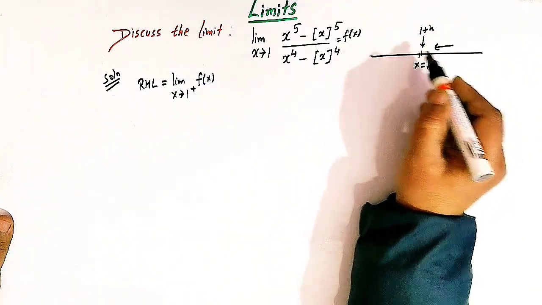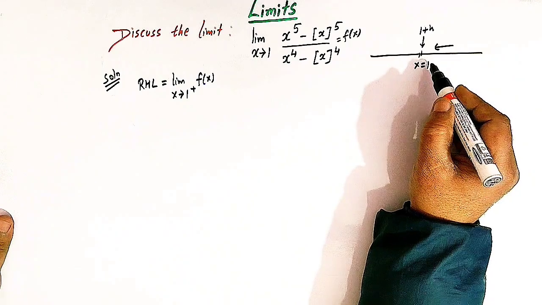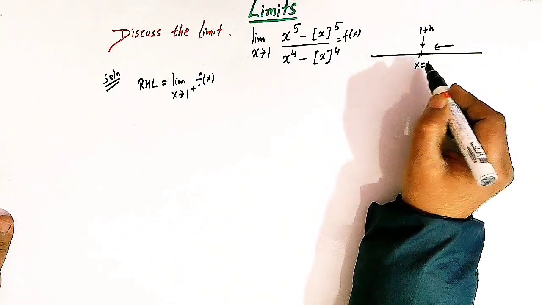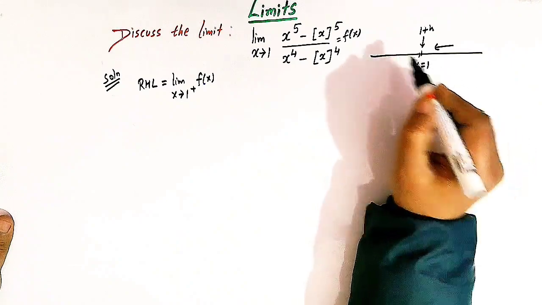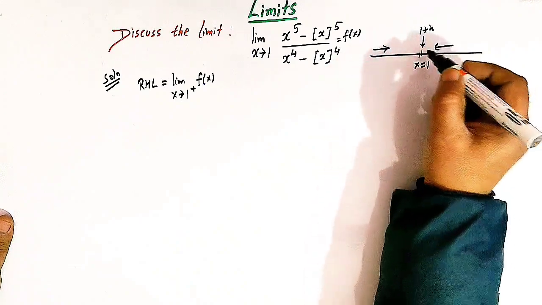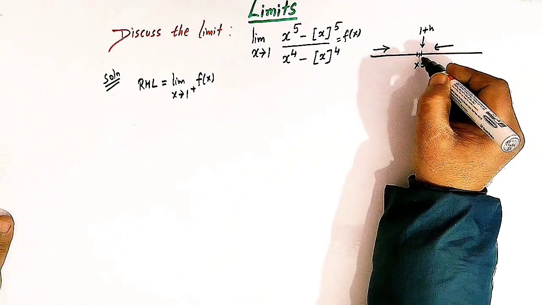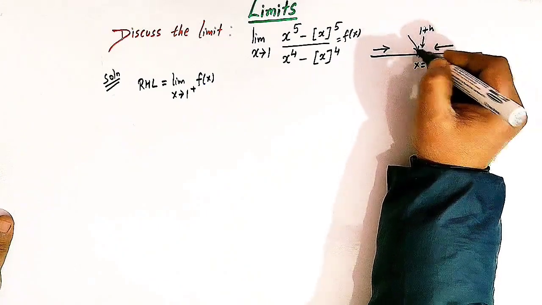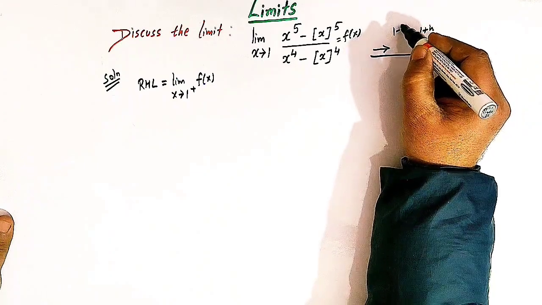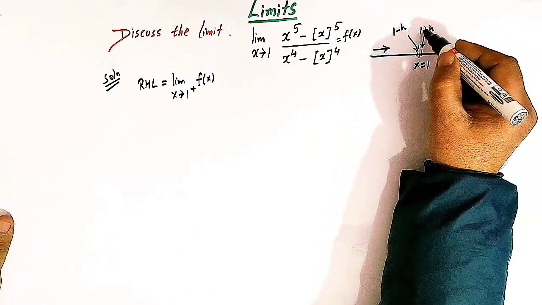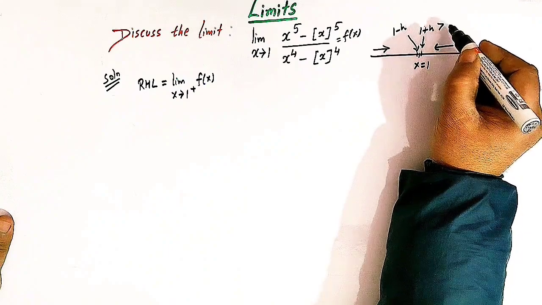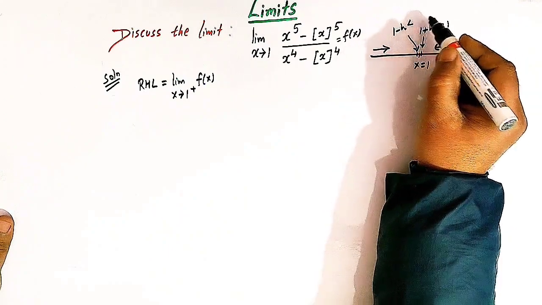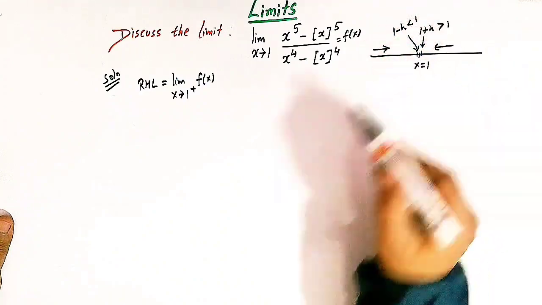And similarly, when we find out the left hand limit, we approach x equal to 1 from the left of x equal to 1, right? And we take a point in the left neighborhood of x equal to 1, and this point may be taken as 1 minus h, right? So 1 plus h is obviously greater than 1, and 1 minus h is less than 1, right?